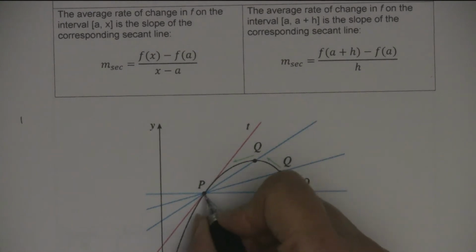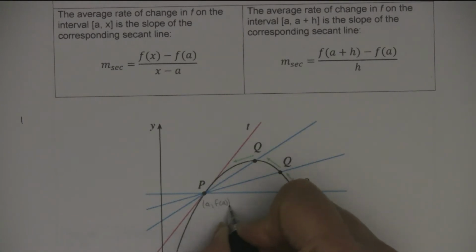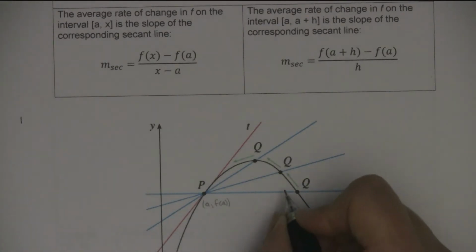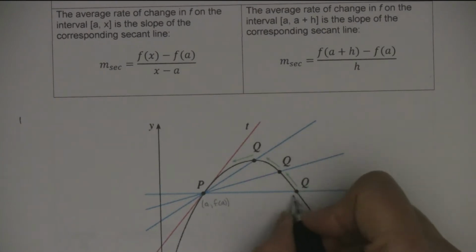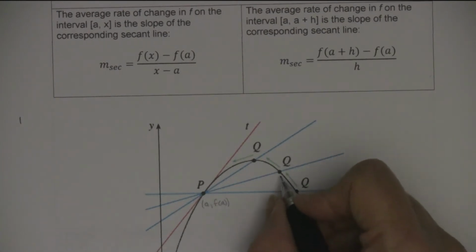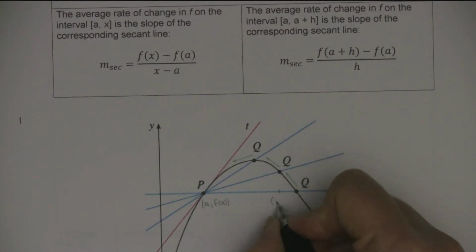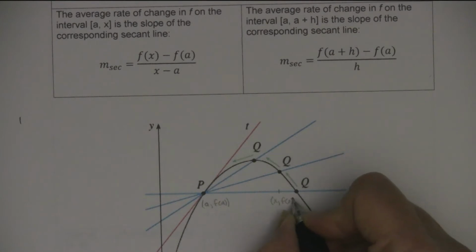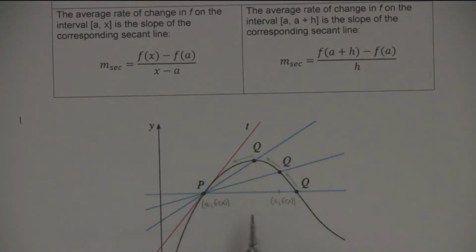So if I called this point P, if I called it A, f of A, and I called this one X, then the Y coordinate would be f at X.